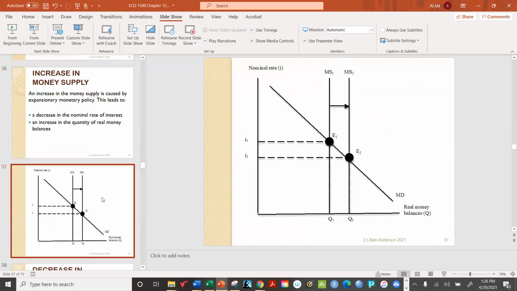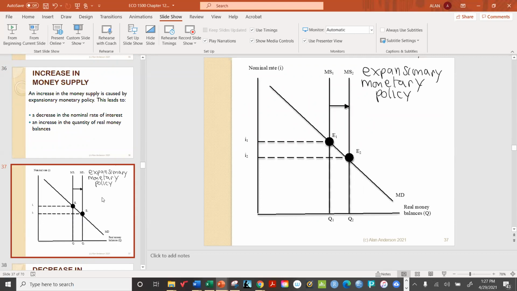So what we have here is, we'll call it expansionary monetary policy. Okay. And of course, the whole point of it is that the money supply increases, therefore the money supply curve shifts to the right.